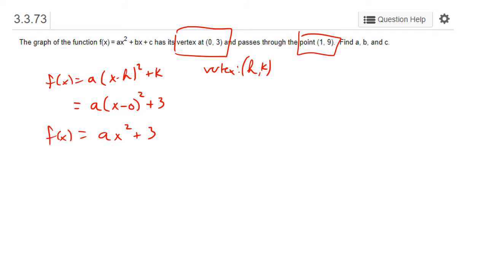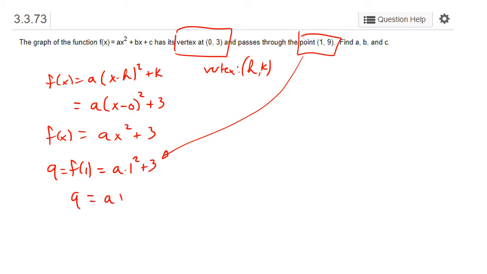We don't know the value of a, but we're going to use the other point to figure this out. 9 must equal f of 1, but f of 1 is a times 1 squared plus 3. So 9 must equal a plus 3. Subtracting 3 from both sides gives me a equals 6. Then I go back to the form I already have, f of x equals ax squared plus 3, aka 6x squared plus 3.